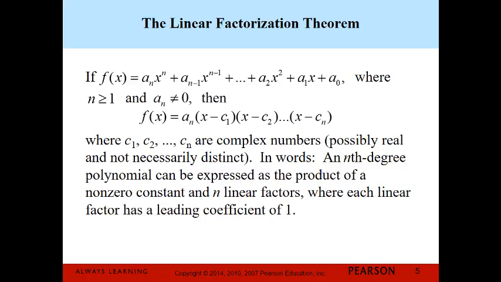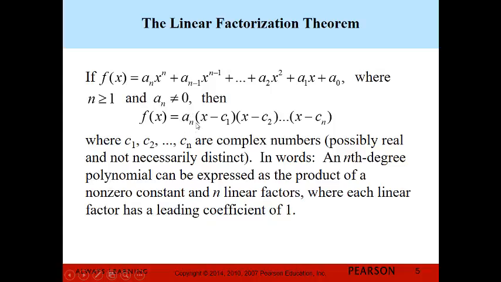Another tool for this section that we'll need is the linear factorization theorem. That theorem tells me if I have a polynomial that's degree 1 or bigger and the leading coefficient isn't 0, then the polynomial can be written in the factored form that's shown.